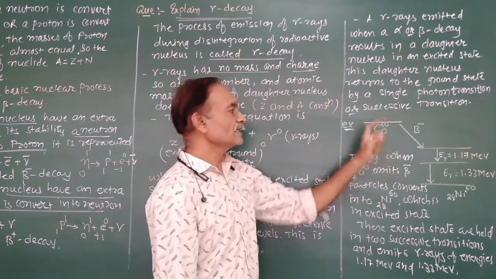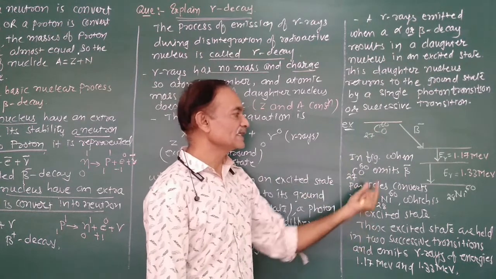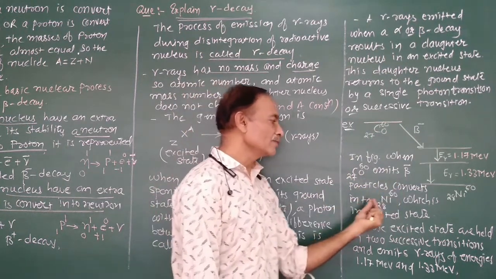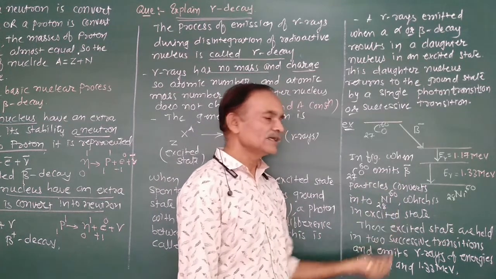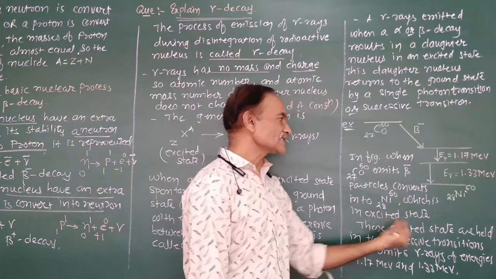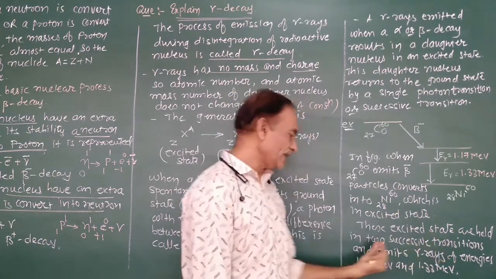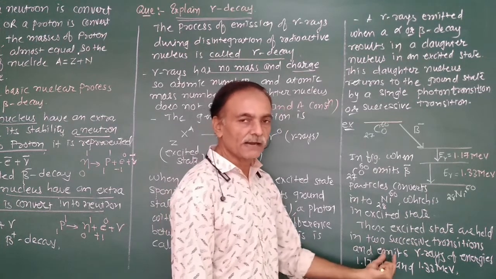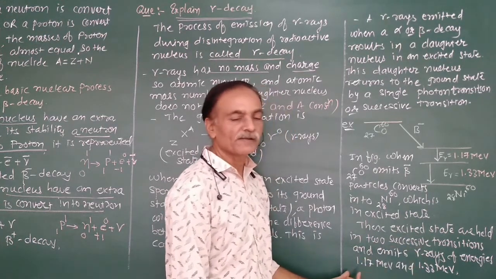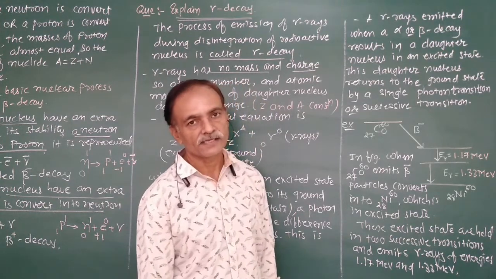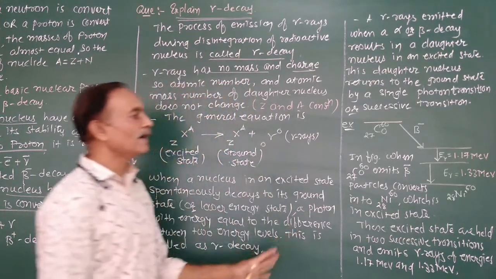In the figure, when cobalt-60 emits a beta minus particle, it converts into nickel-60, which is in an excited state. These excited states decay in two successive transitions and emit gamma rays of energies 1.17 MeV and 1.33 MeV. So this is the gamma decay process.